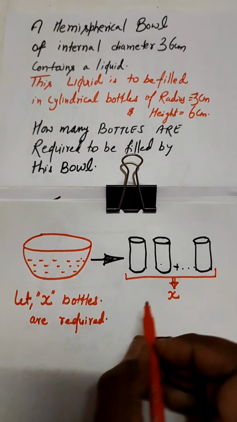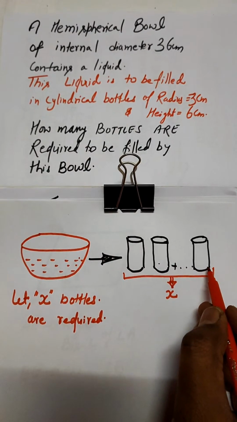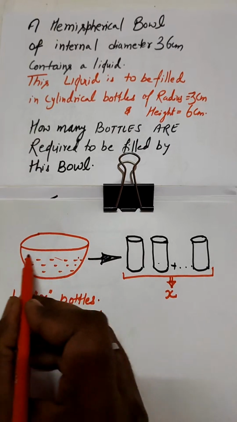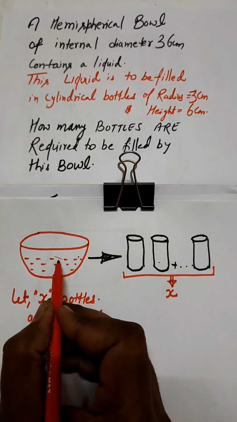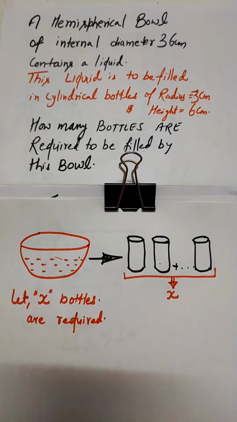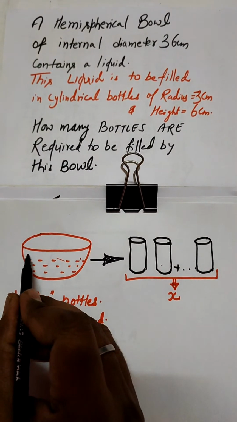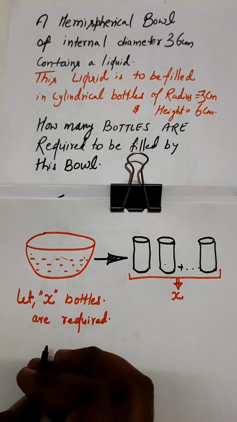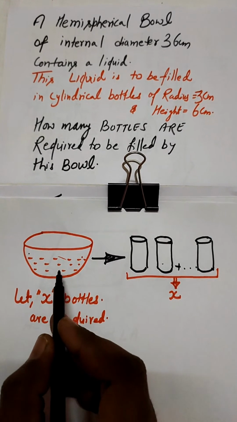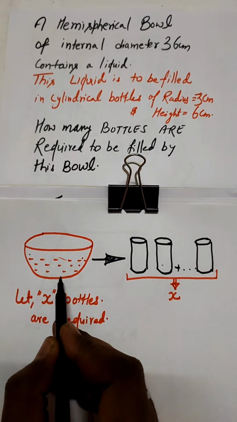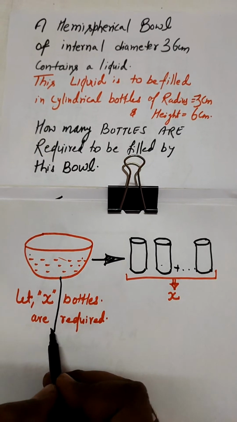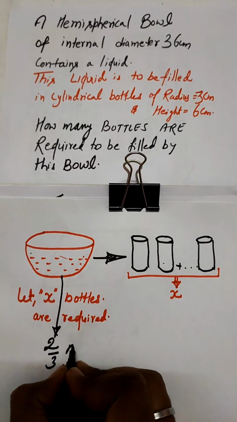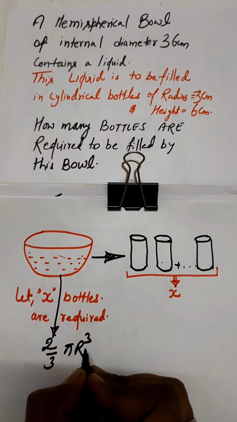Now when these x bottles are required, what is the concept? The liquid in this bowl will be the same as the volume of this bowl, and this is a hemisphere. So it's very simple. The volume of this hemisphere is 2 by 3 pi r cube.